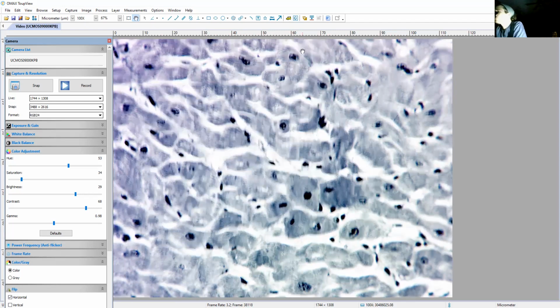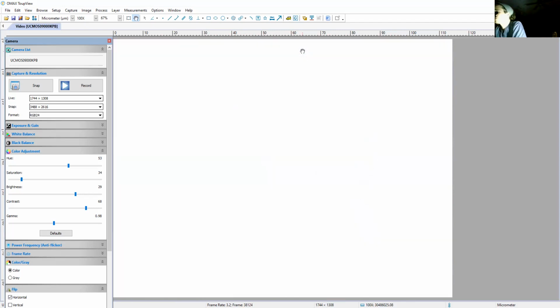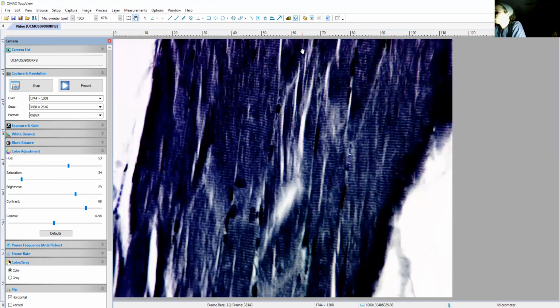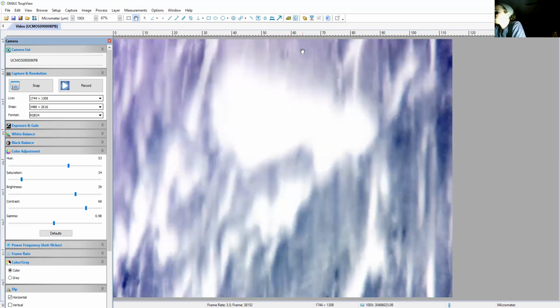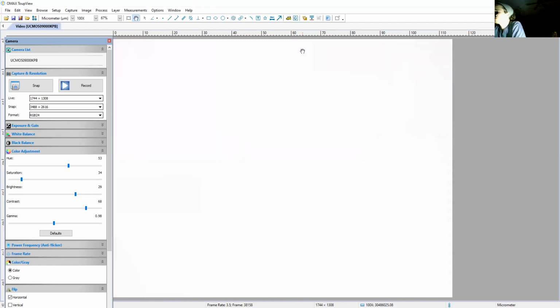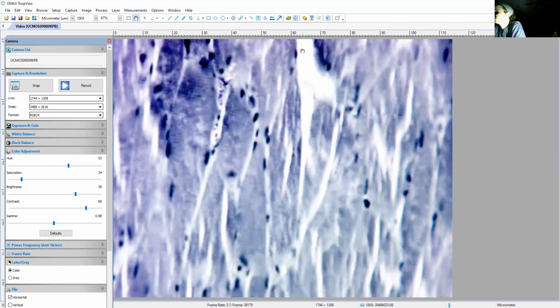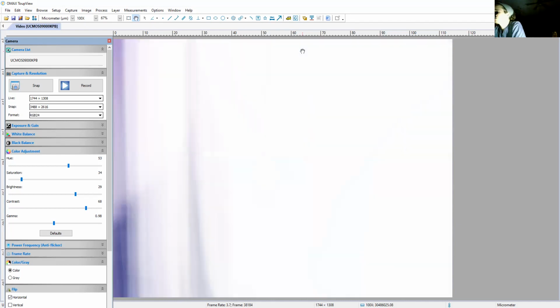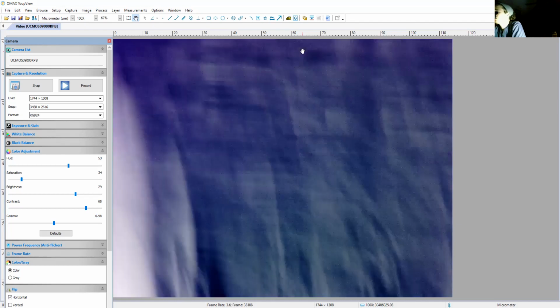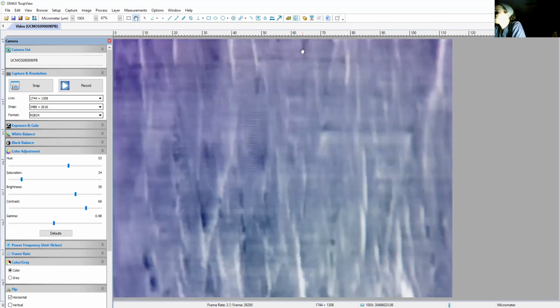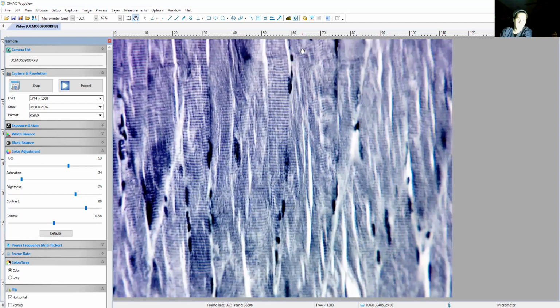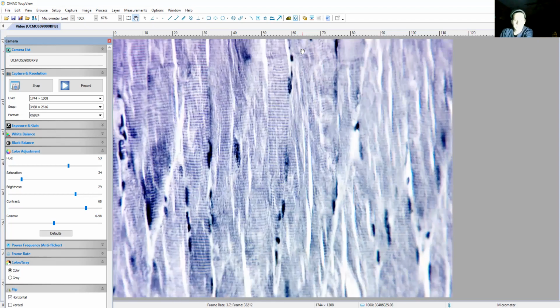Let's go ahead and go over, check out one of our other types of muscle tissues. So let me pick a good spot on this hunk of junk. Yeah, there's a good looking spot. So this is our skeletal muscle. You can see those very strongly defined striations.